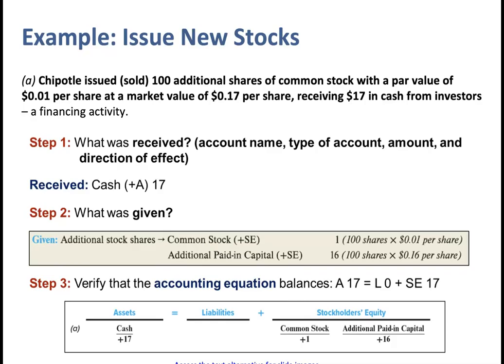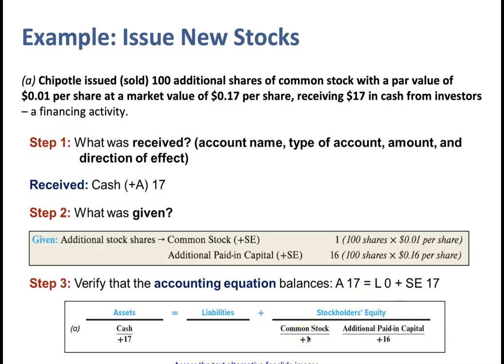All right, so now we understand cash increases and also common stock and APIC increase. We would be visualizing or putting them down in the form of the equation: assets equals liabilities plus stockholders' equity. You will see cash underneath assets increase by $17. Common stock and APIC are 2 different accounts belonging to stockholders' equity.